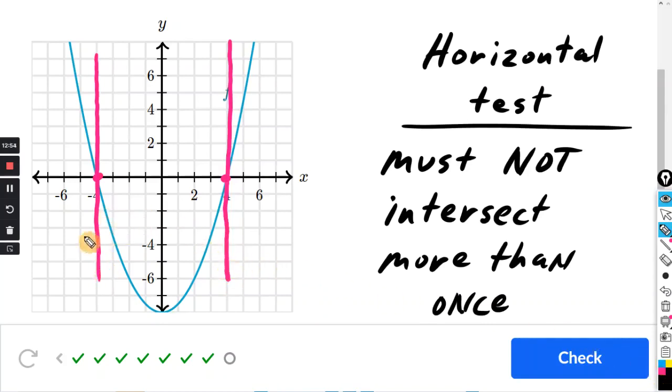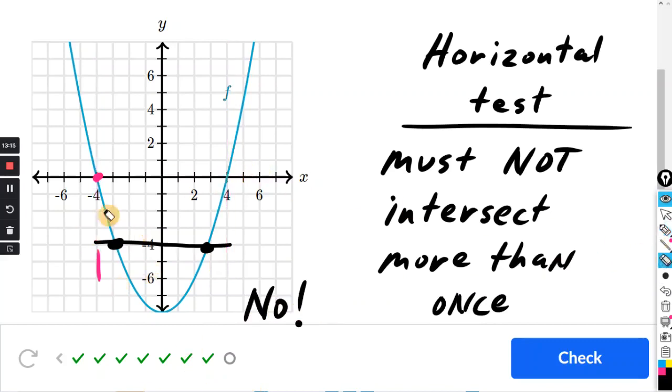If you draw a horizontal line between these pink lines, it intersects the graph here and here. It must not intersect more than once. Already we got it twice. So for this domain, it's a no. So this is no good for answer B.